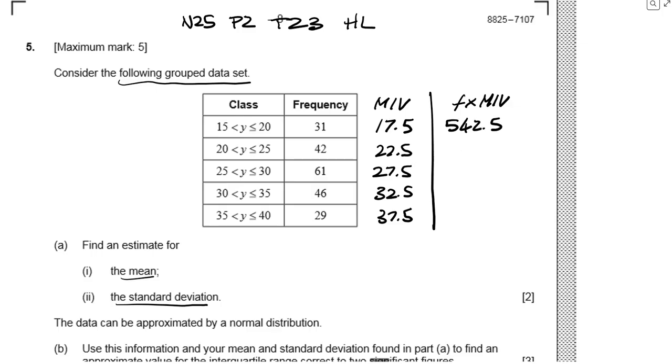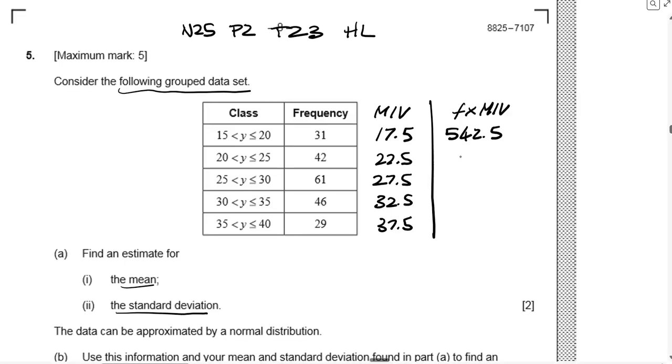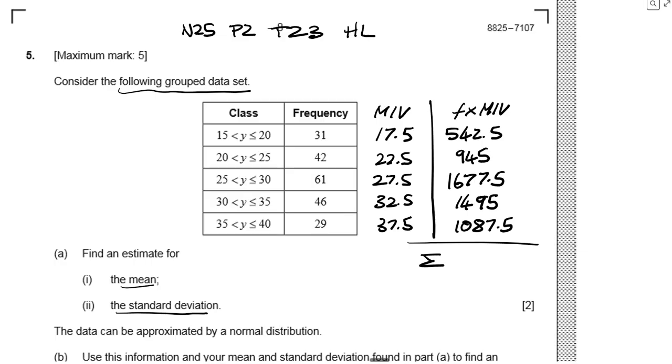So this is a by hand method that I don't encourage you guys to do, but in case you need to, you can. So I've calculated the values for you already, and then we'll move on to how to do that with the calculator. 1087.5, and then we find the sum of all of this, and that is 5747.5.